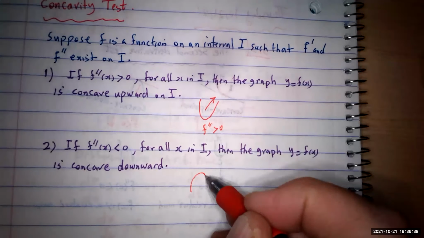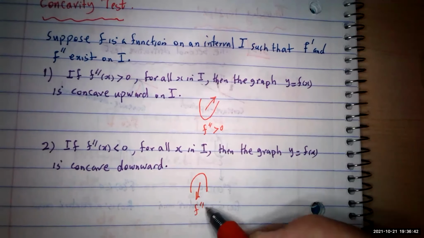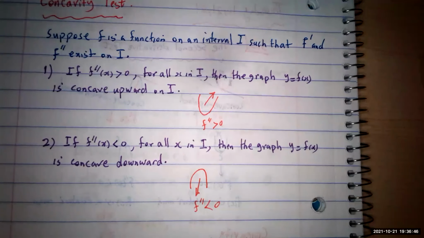So this means f double prime of x is negative. So anytime f double prime is positive, the graph is curving upward. Anytime f double prime is negative, your graph is going to be concave down. Okay, we can use this concavity even to get the graph of the function. Any question?